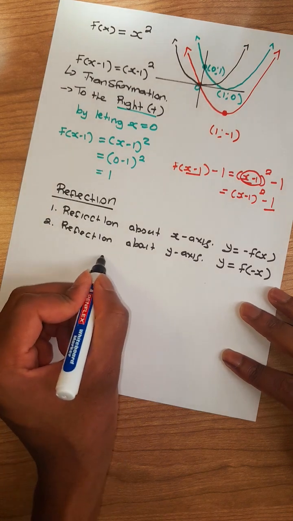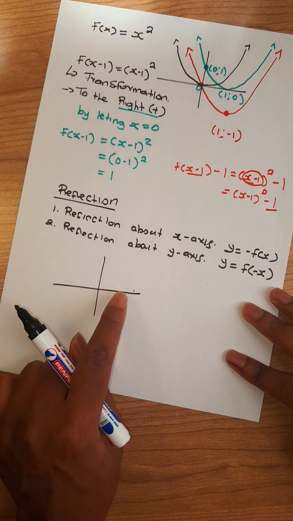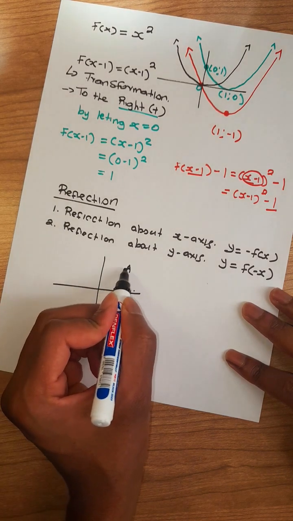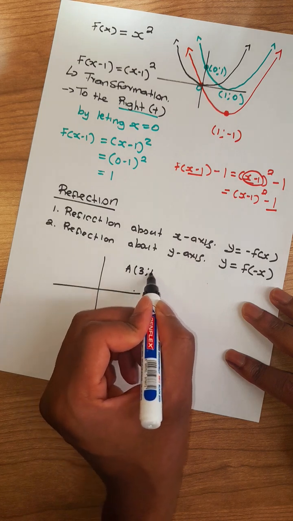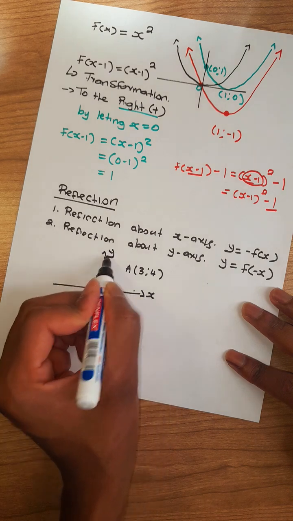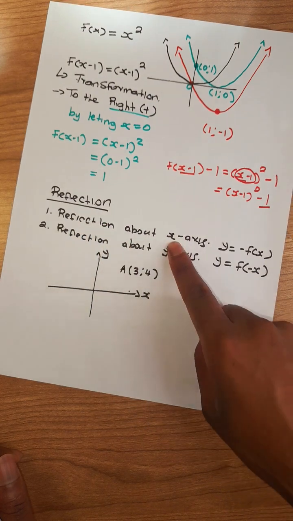Let's say we are having a wonderful Cartesian plane, right? If we are having this wonderful Cartesian plane, let's say we are having a point A somewhere here. And this point A is 3, and then it is actually 4. We know this is our x-axis and we know this is our y-axis. Now let's reflect about x-axis.